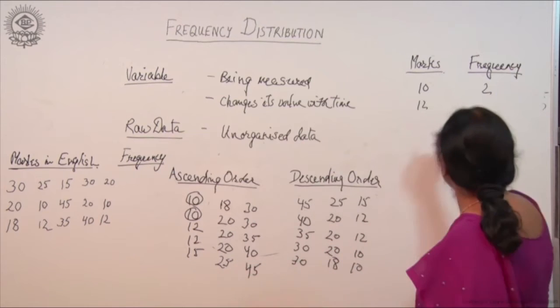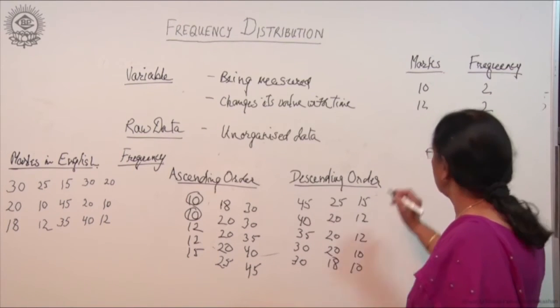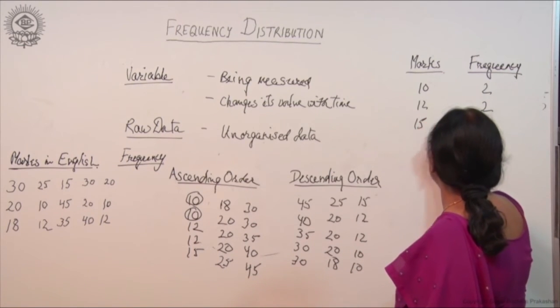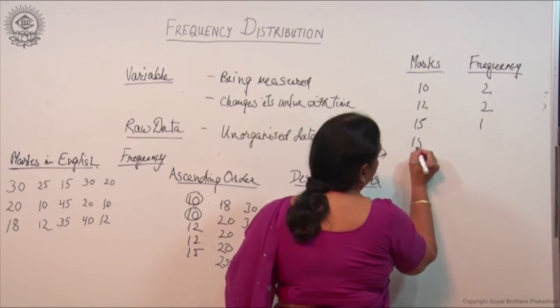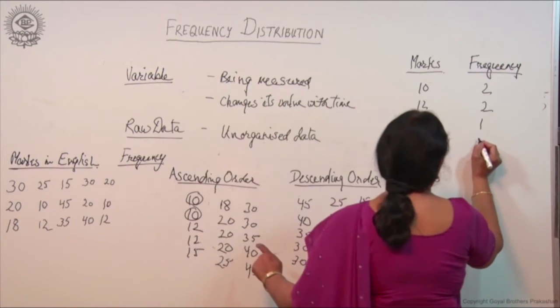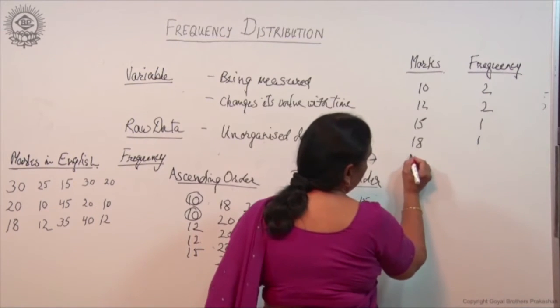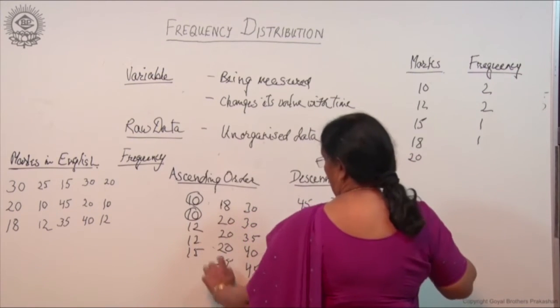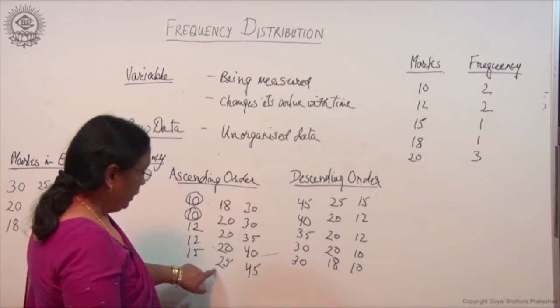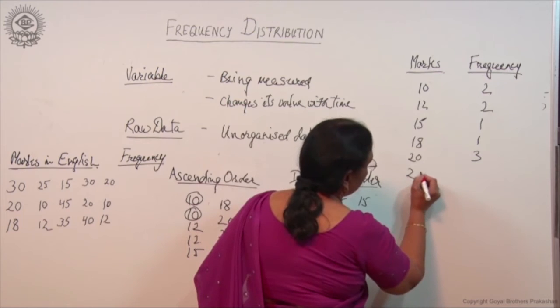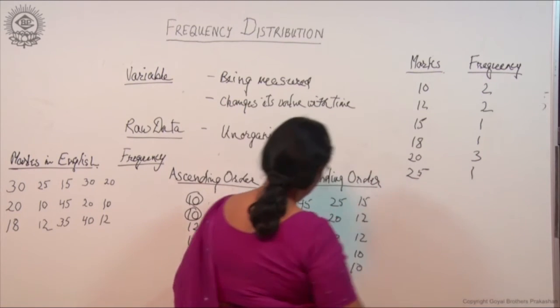How many have scored 12? Again 2. Next is 15. Only 1. Then 18. Only one child is in this category. 20. How many are there? 3 children have scored 20. Then 25. Only one child.